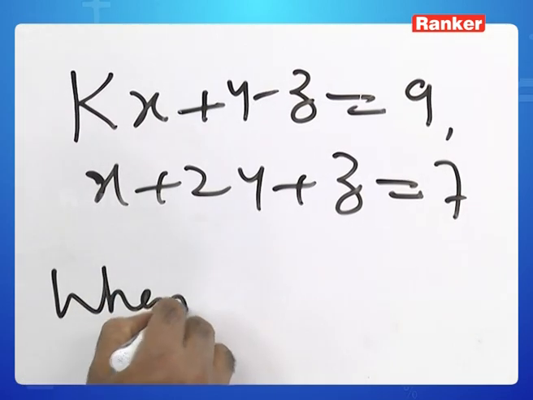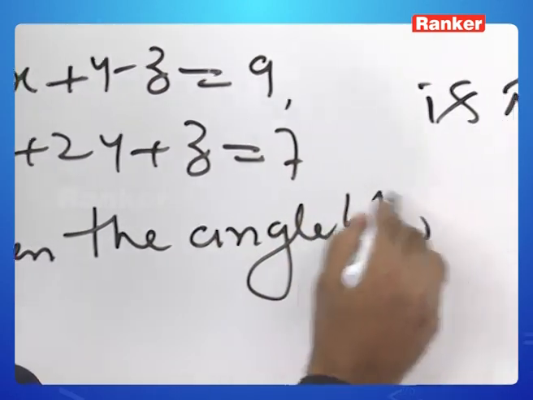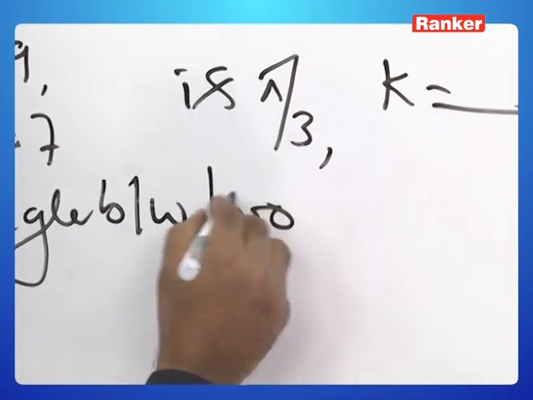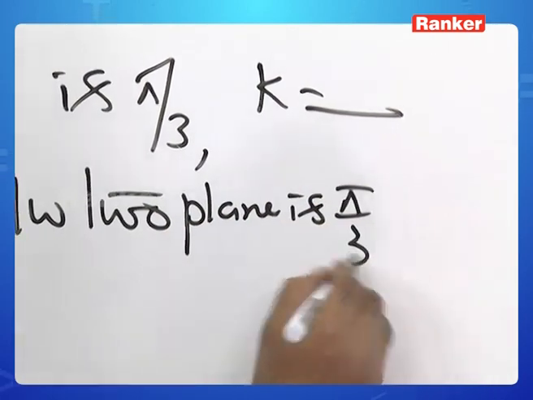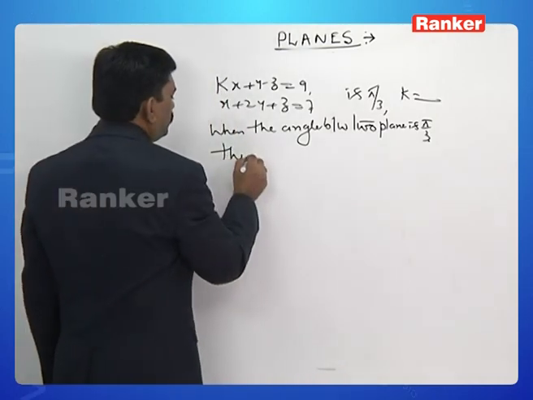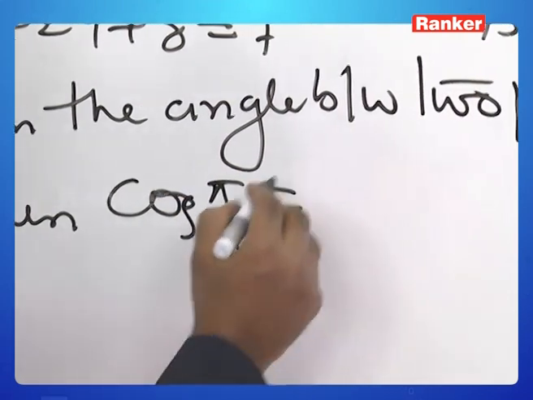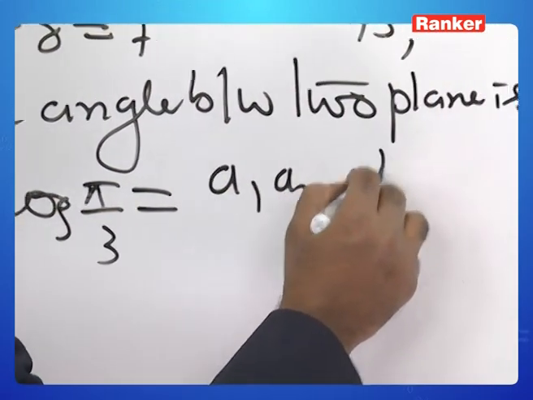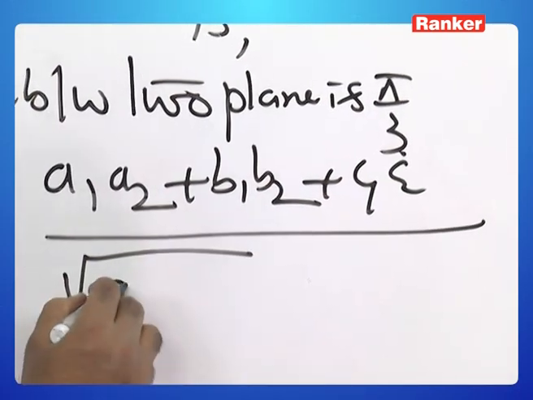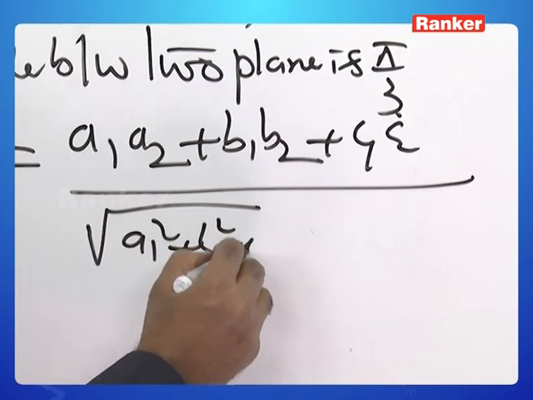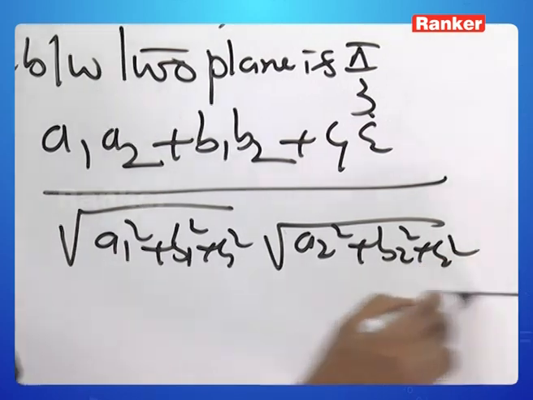When the angle between two planes is pi by 3, then cos pi by 3 is equal to (a1 a2 plus b1 b2 plus c1 c2) divided by square root of (a1 square plus b1 square plus c1 square) into square root of (a2 square plus b2 square plus c2 square).